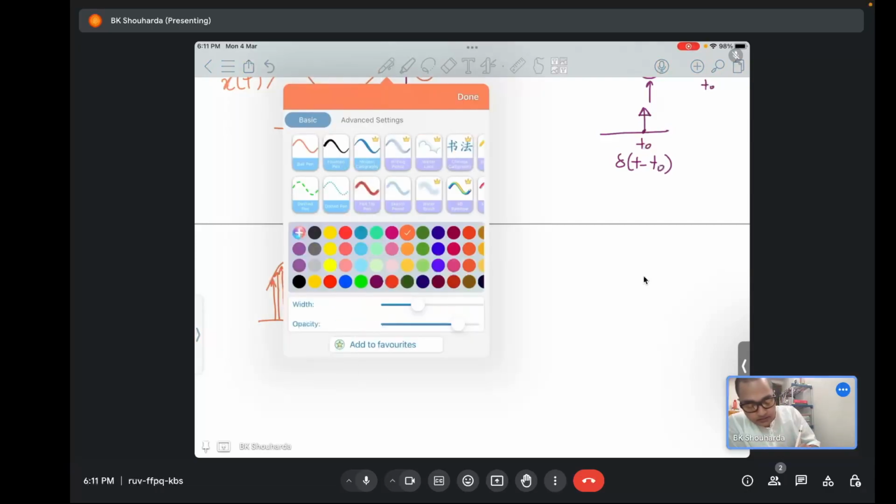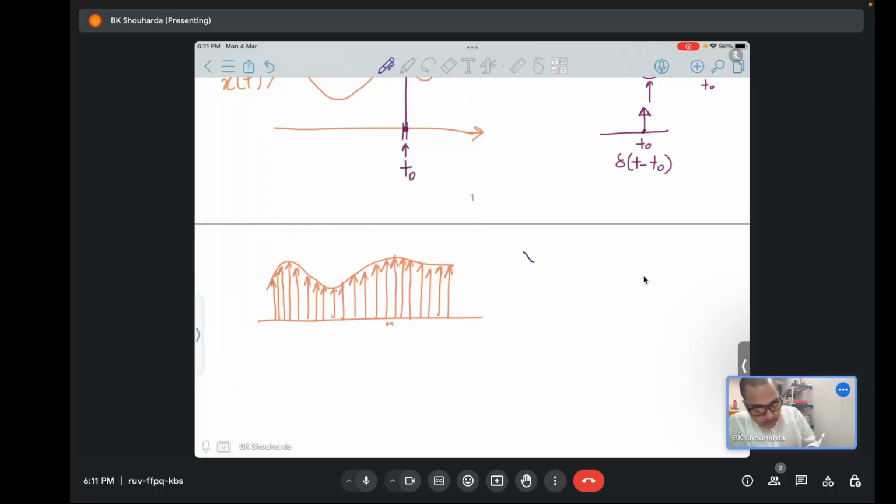So what can I write? x at some position t naught can be written as x of t naught into 1, or can't I write it as the integral from minus infinity to infinity of x of tau delta of tau minus t naught d tau.